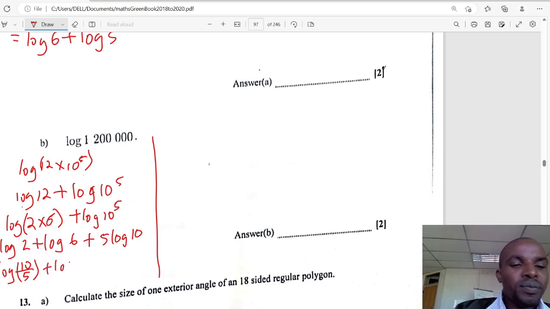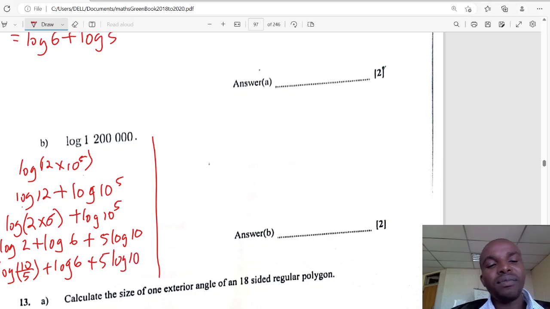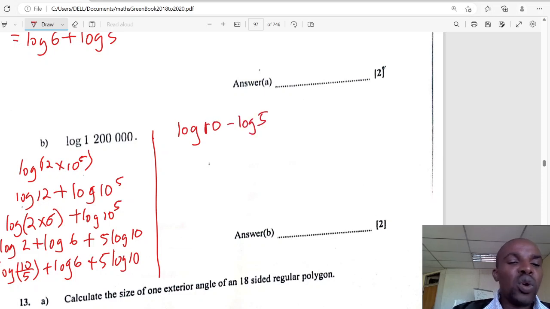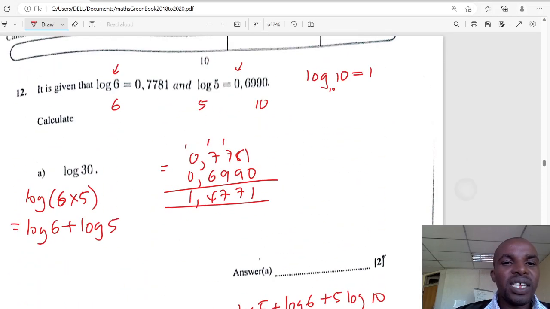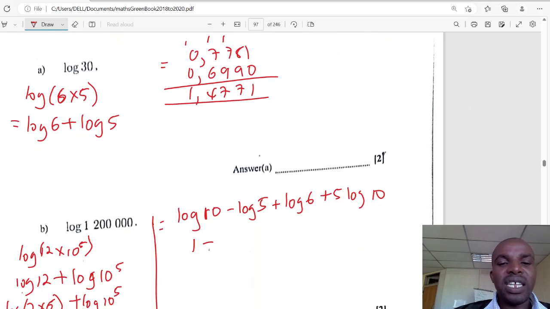So it will be log 10 minus log 5. When you are dividing, you subtract. Then plus log 6 plus 5 log 10. Then you substitute the values. Log 10 is 1. Log 5, we have it here, is 0.699.